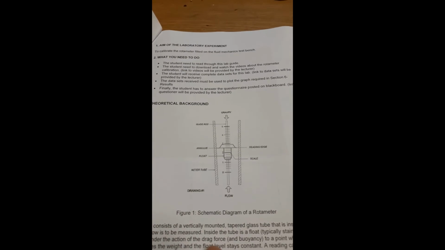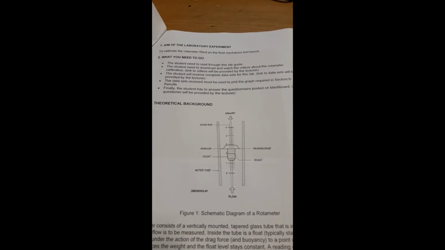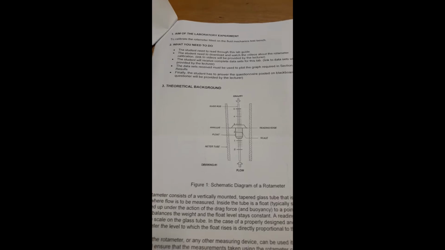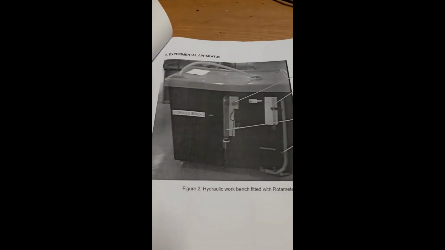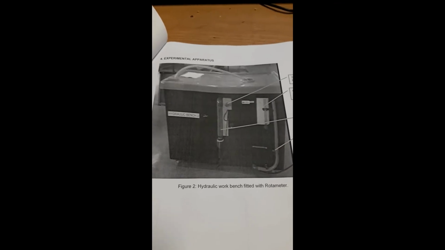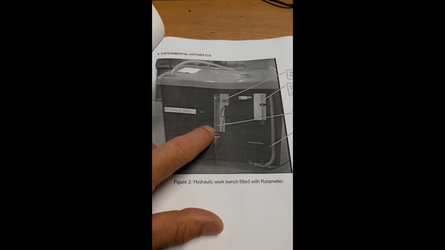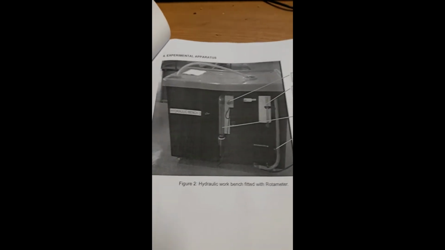Here you can see a diagram of the Rotameter and all its parts and the important parts, and there's a short description. Next page is a picture of the hydraulic workbench, and there you can see the Rotameter is fitted to the workbench, but obviously in the next video I will show you the equipment and you'll have a better understanding.